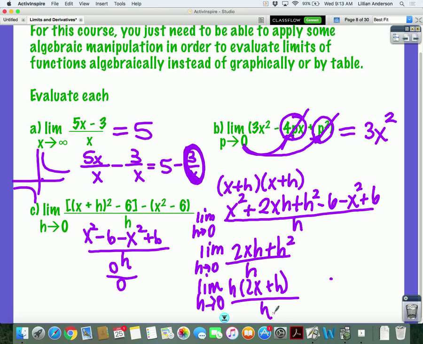Okay? And then you can cancel it out, yeah. So now we'll have the limit as h approaches 0 of 2x plus h. You can't really simplify any more from there. But now this time, when we plug in 0 for h, what do we get? And that's your answer.